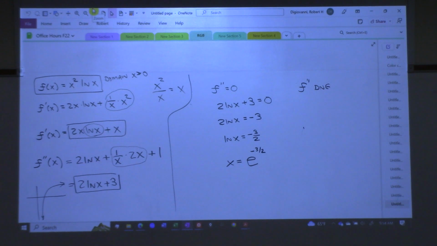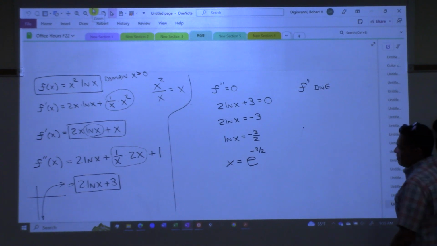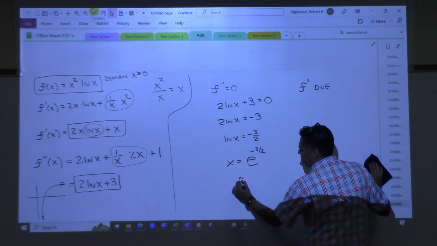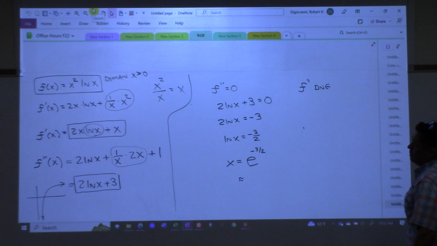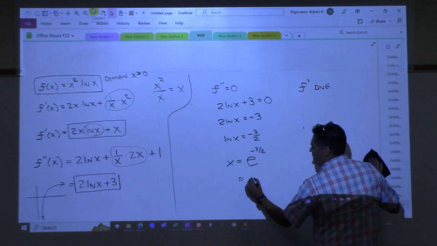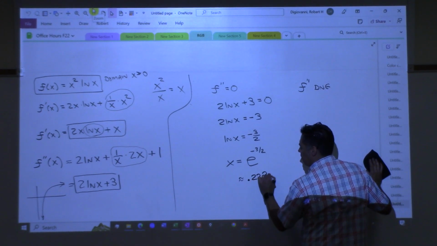So I get e to the negative 3 halves instead of negative 1 half. And on our calculators, that's approximately 0.223.